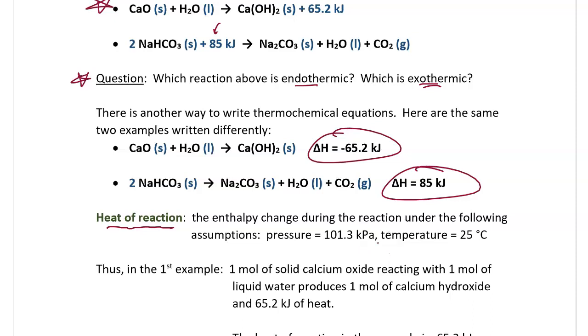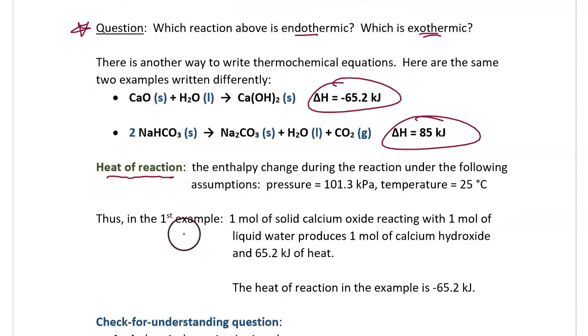in a chemical reaction. In our first example, what this equation is saying is that 1 mole of solid calcium oxide reacting with 1 mole of liquid water produces 1 mole of calcium hydroxide plus 65.2 kilojoules of heat.